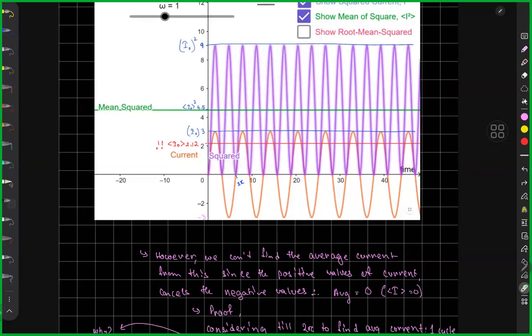But one thing is also true. I told you towards the beginning that this entire graph is symmetric. Why do I say this?